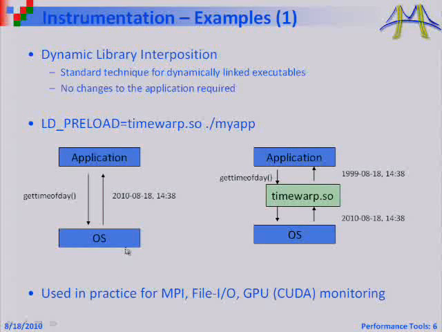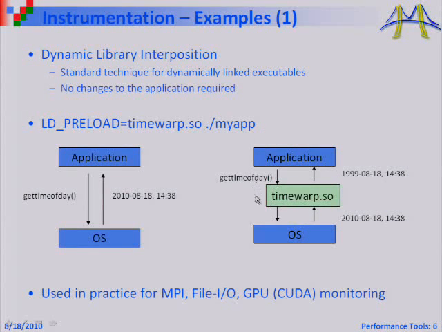So in this example down here, the application might issue a call getTimeOfDay, which just returns you the elapsed seconds since a point in the past, and which represents a date in time. And the operating system will give you back the date. Well, what you can do with a pretty simple technique, this LD_PRELOAD technique, is write a dynamically linked object, and preload it in front of the application.